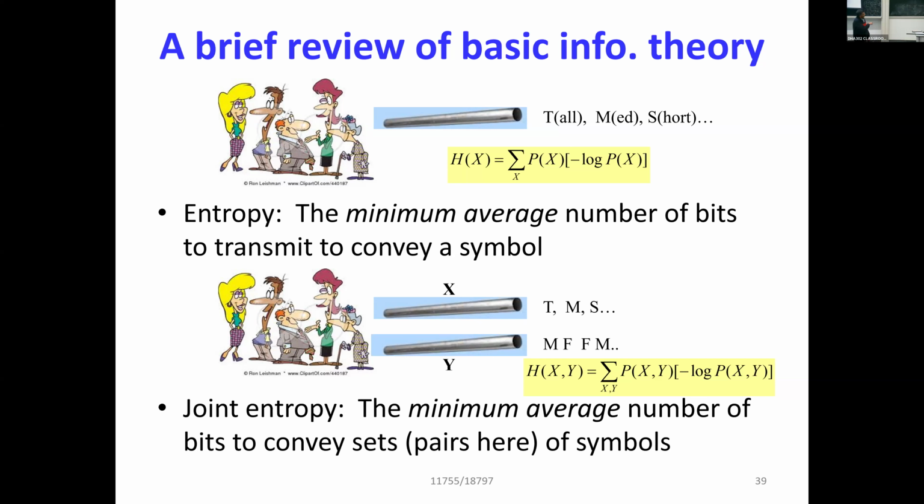Now, if I have an extra pipe through which I can send the gender for free, am I going to be spending more money or less money than if I didn't have the pipe? Should be less, right? So what can you tell me about this relationship? This is the conditional entropy of height given gender. Observe that this is different from H of H given M. There I'm looking at a specific value for gender. This is the conditional entropy of height given gender.